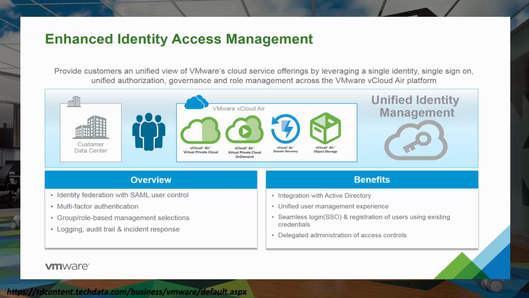Some added benefits include single sign-on capability, external federation from current data centers into vCloud Air by allowing users to extend the user groups and policies directed into vCloud Air, extend Active Directory into vCloud Air, simplify user management, multi-factor authentication, as well as role-based access, or RBAC, controls.